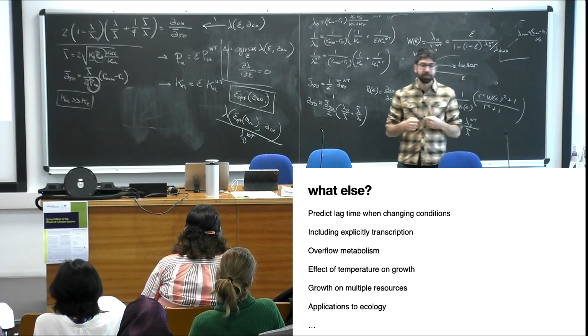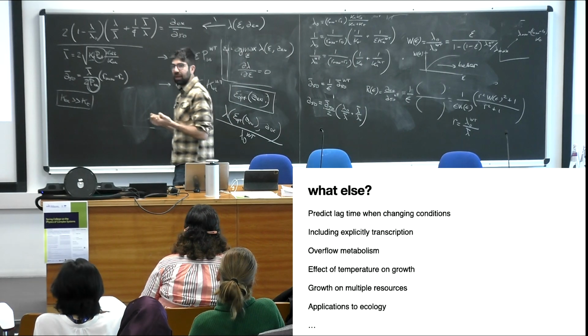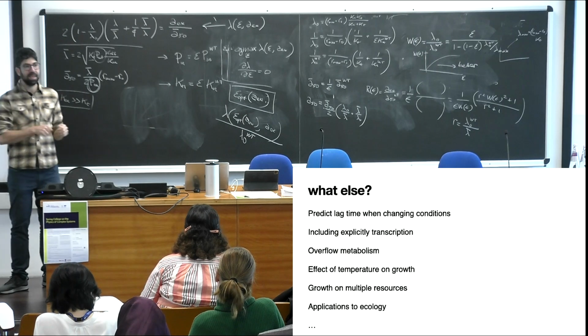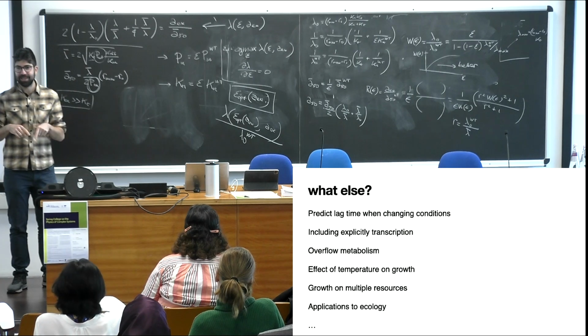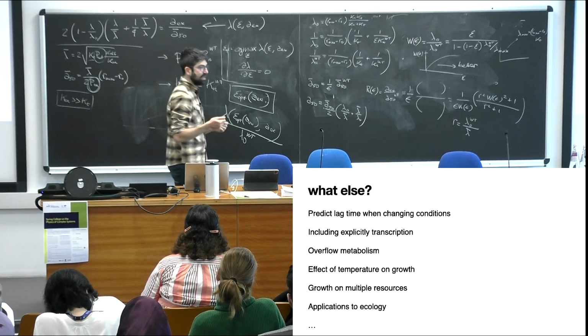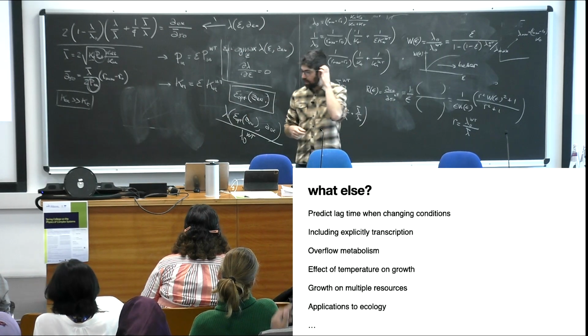So for instance, bacteria growing in glucose can secrete acetate, which they can then use to grow. So they basically grow in glucose, poop acetate, and then grow on acetate after they grow in glucose. And so the question is how much acetate they secrete as a function of their growth conditions, and you can use this framework to predict that.